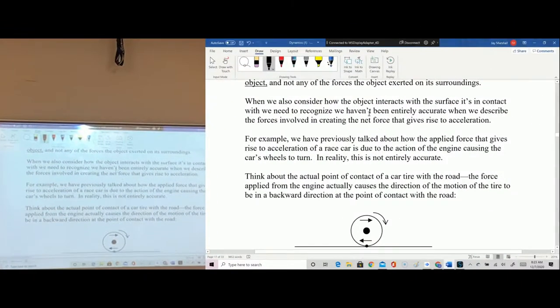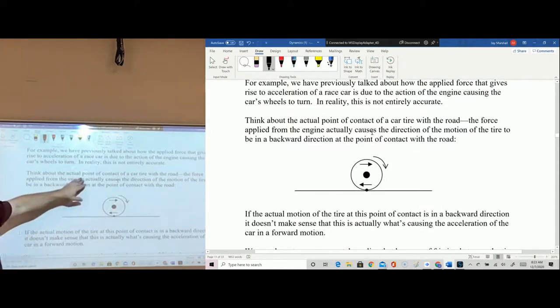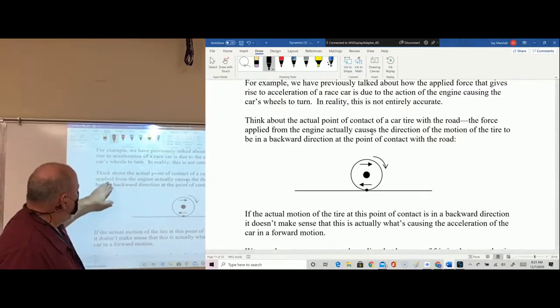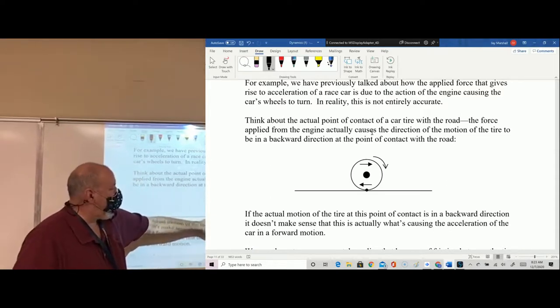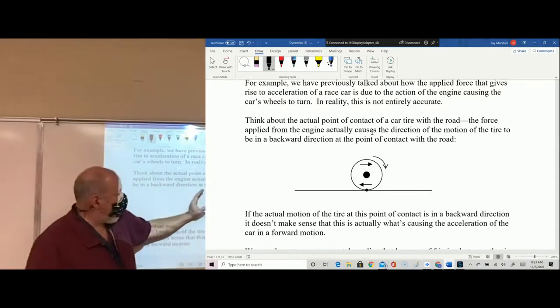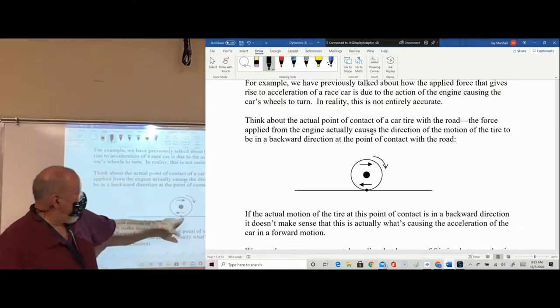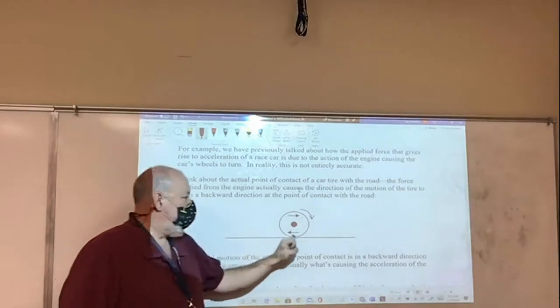If you think about the actual point of contact of the car tire with the road, the applied force from the engine causes the direction of the motion of the tire to be backwards, right? If the tire is spinning in this clockwise direction, where the tire reaches the road, the tire is actually moving backwards. How does that cause us to go forward?